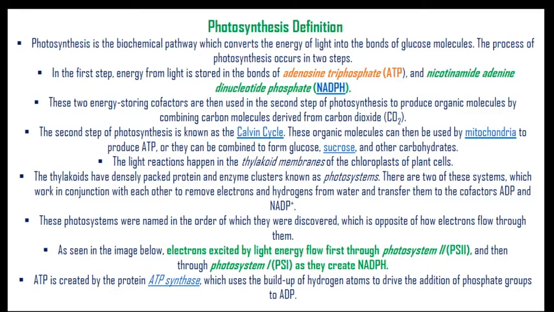So these photosystems were named in the order in which they were discovered, which is opposite to how electrons flow through them.